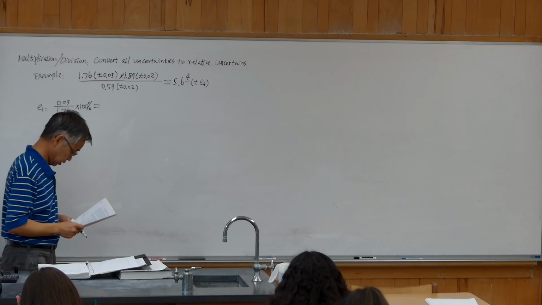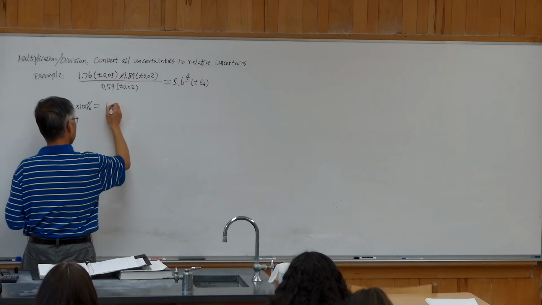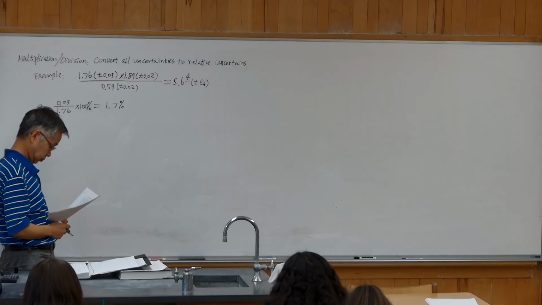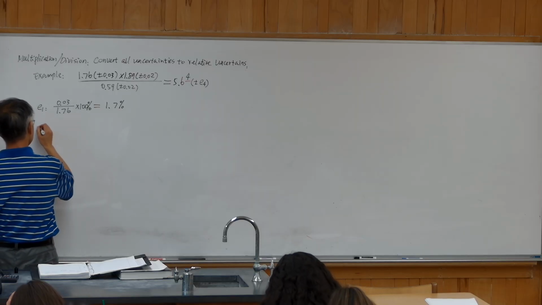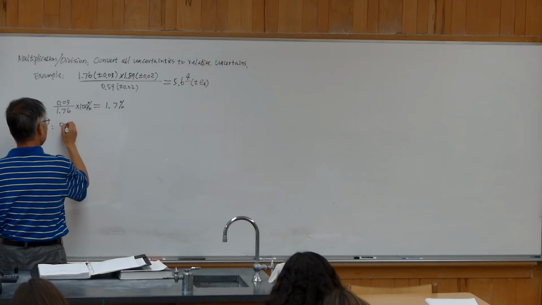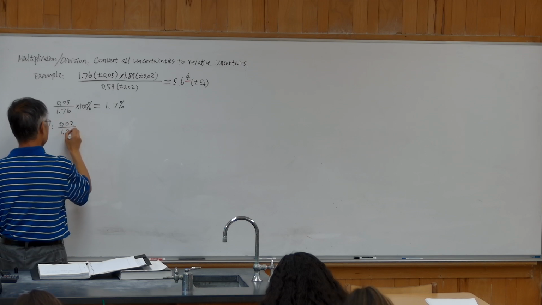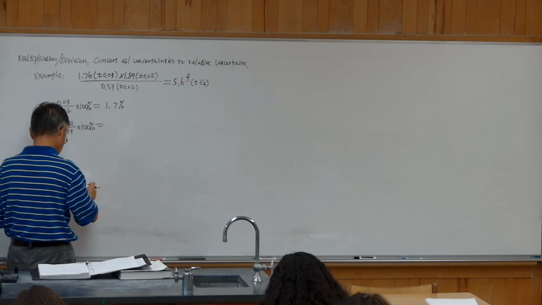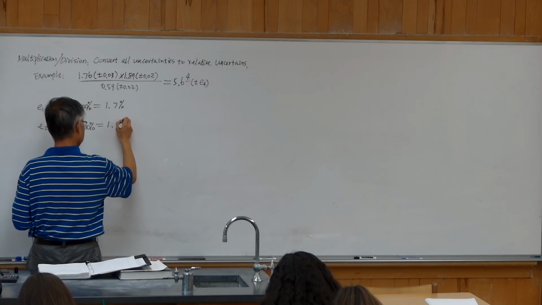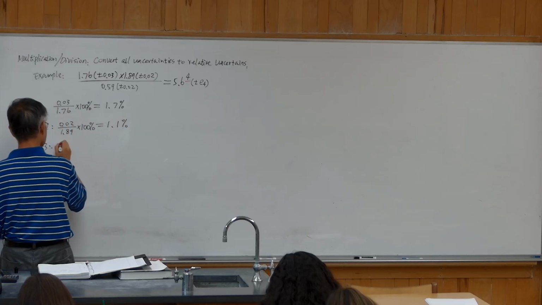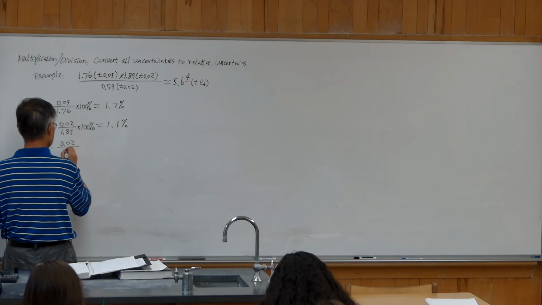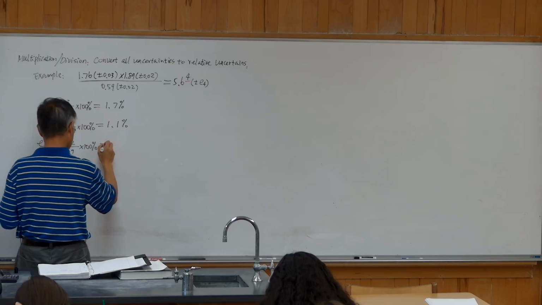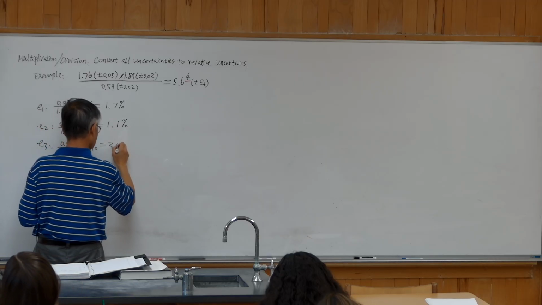This one is 1.7%. E2: 0.02 divided by 1.89, similarly converted to relative uncertainty, is 1.1%. Then E3: 0.02 over 0.59 times 100 will be 3.4%.